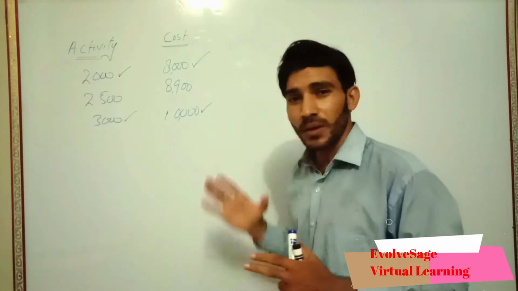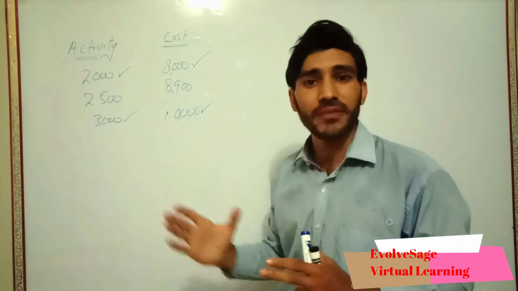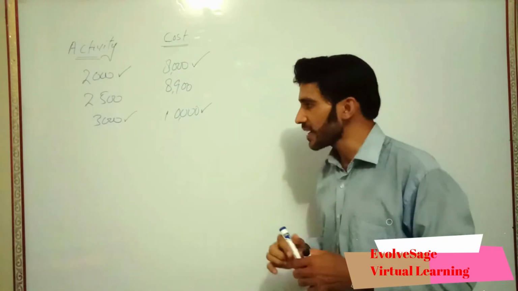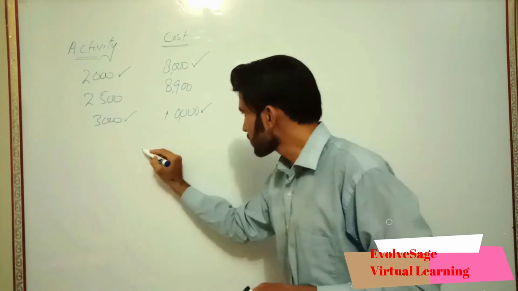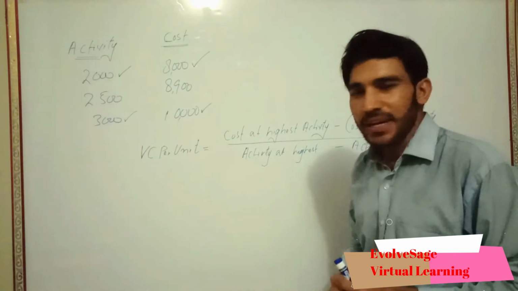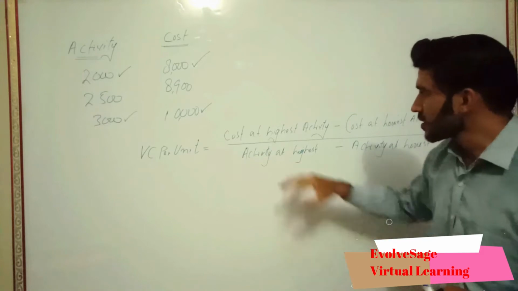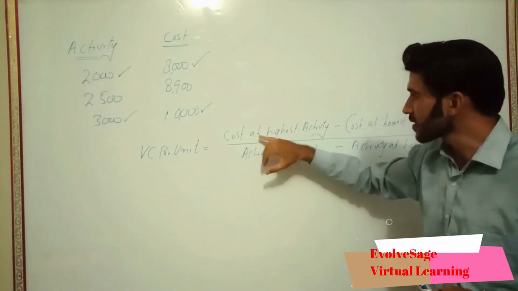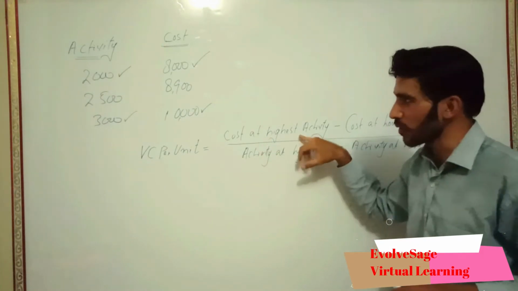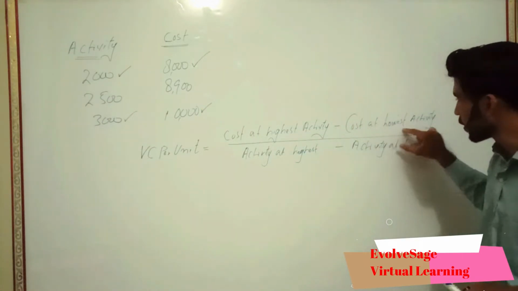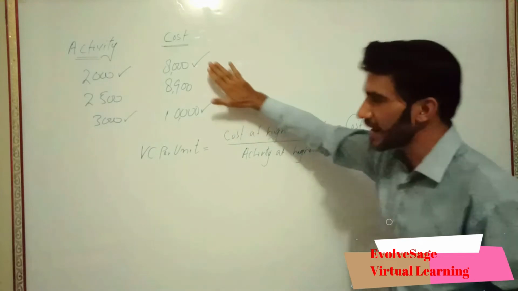So how can we identify it? Variable cost per unit can be identified by using this formula. First we write the cost at highest activity level, which is 10,000, minus the cost at lowest activity level, which is 8,000.